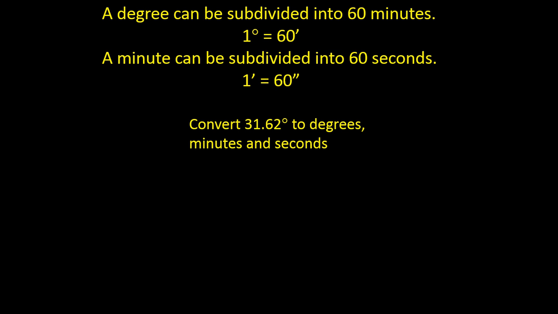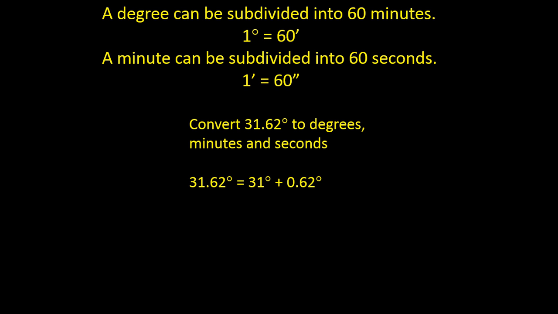So what if we have a degree measure, but it's not measured in whole number degrees? It's measured in whole degrees and a decimal fraction number of degrees. So 31.62 degrees. How can we take the decimal fraction part of that and change it to minutes and seconds?